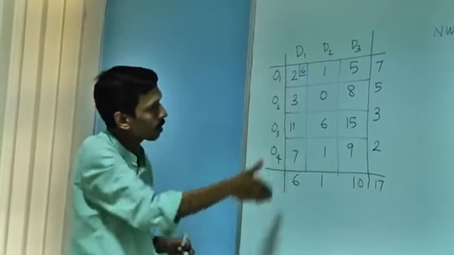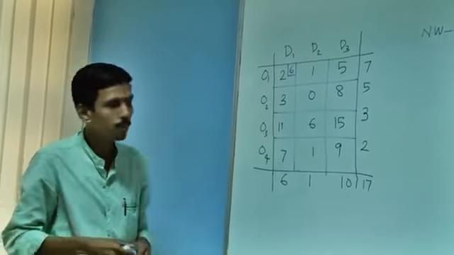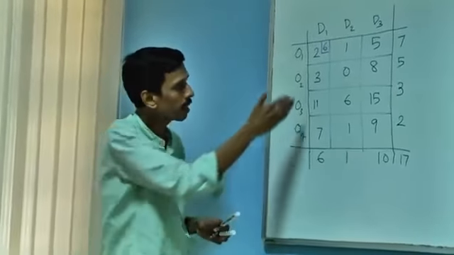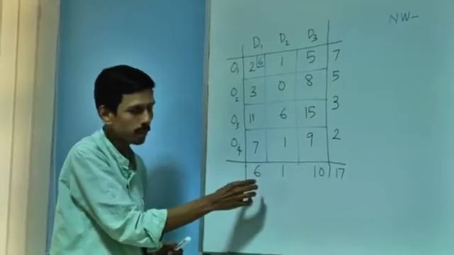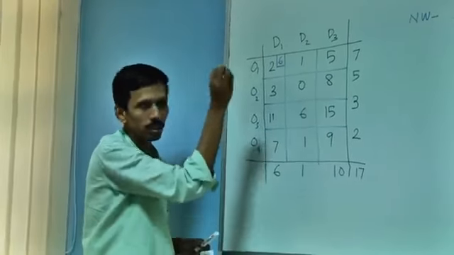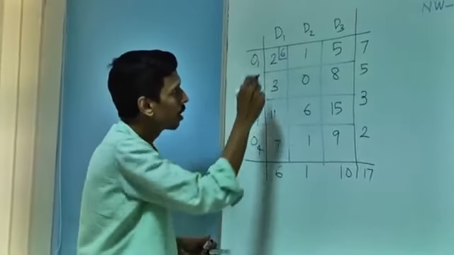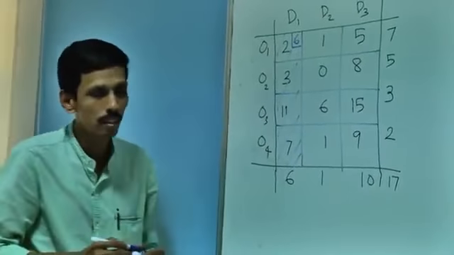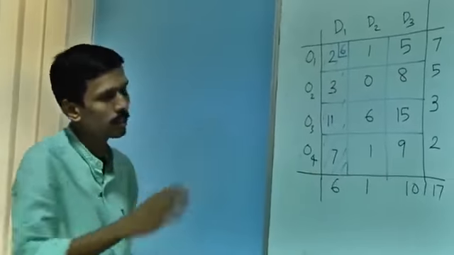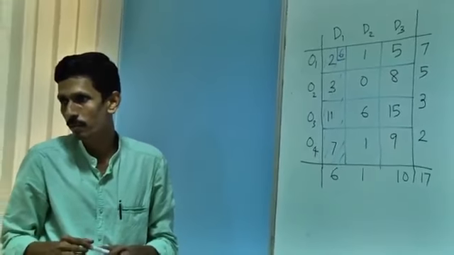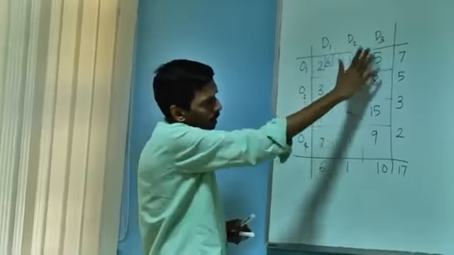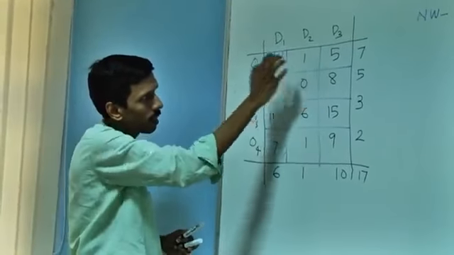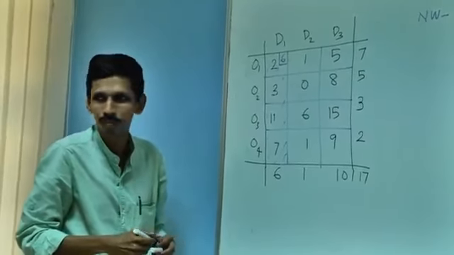Then the first column is exhausted. Now you do not have to consider D1 because the entire requirement at D1 has been allotted from origin 1. You can just shade it or mark it like that to get the picture of which is already exhausted. Now the remaining matrix, this is the northwest corner. How much can you allocate there?